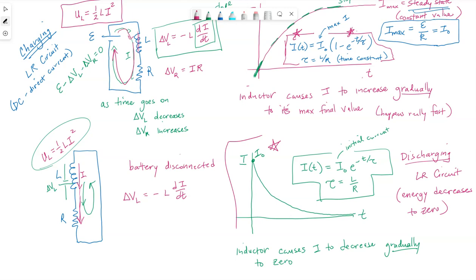Keep in mind, though, that the voltage drop across the resistor is still IR. It's still Ohm's law that we used before. So we do need to draw on previous equations for the resistors. Kirchhoff's loop rule still applies. So keep those things in mind as you look at problems.